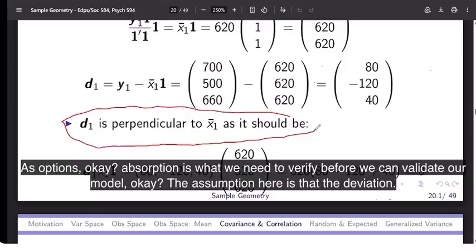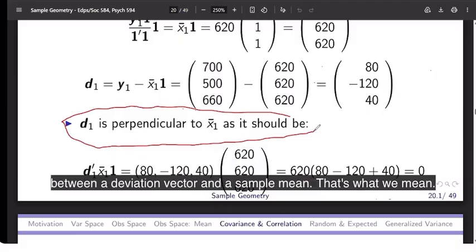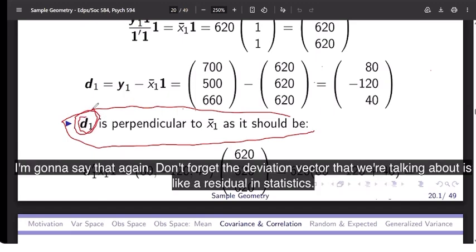The assumption here is that the deviation vector has to be perpendicular to the mean. What does that mean? Statistically, there shouldn't be a relationship between a deviation vector and the sample mean. I'm going to say that again. Don't forget the deviation vector that we're talking about is like a residual in statistics.